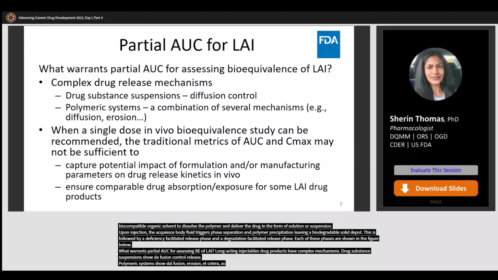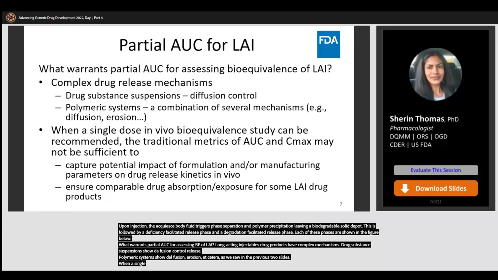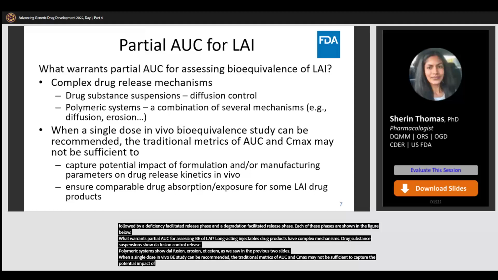When a single-dose in vivo BE study can be recommended, the traditional metrics of AUC and Cmax may not be sufficient to capture the potential impact of formulation and/or manufacturing parameters on the drug release kinetics in vivo, or to ensure comparable drug absorption or exposure for some long-acting injectable drug products.